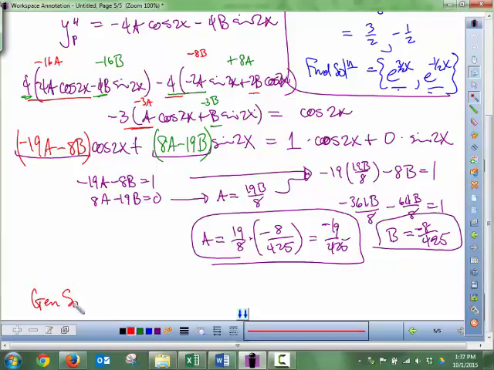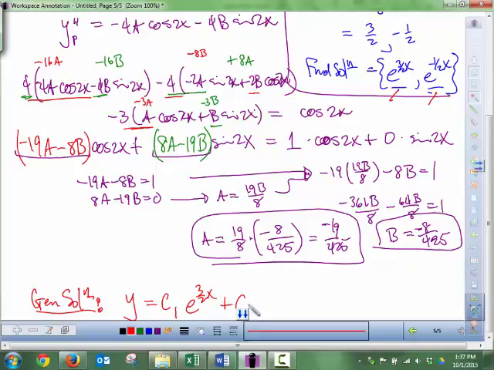General solution. I didn't bother writing down the YP. YP is this number times cosine, this number times sine. So I'm going to write it all together. Our general solution involves our fundamental solutions, C1 e to the 3/2 x plus C2 e to the negative 1/2 x.